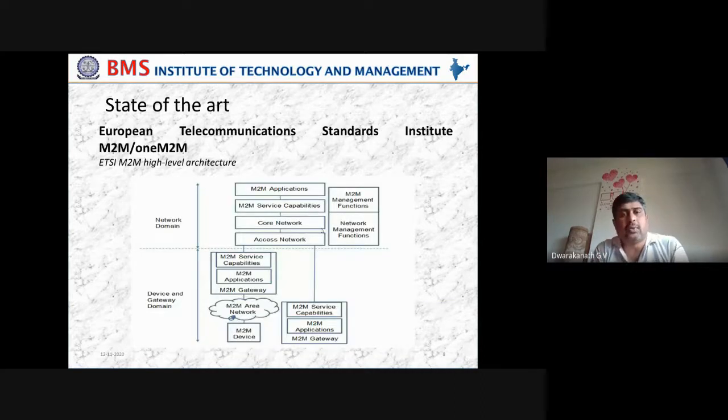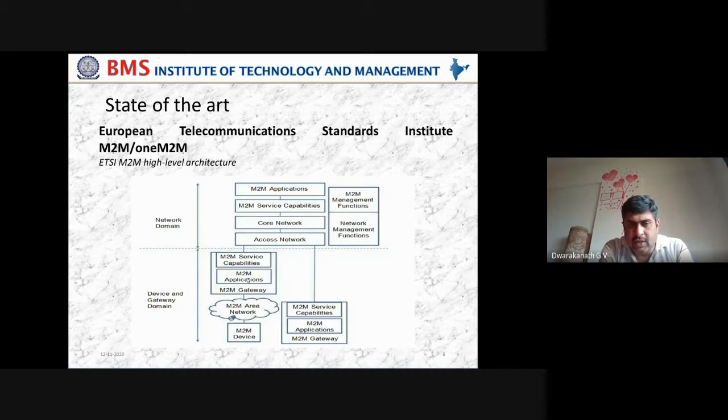Now, the ETSI M2M high level architecture. You can see here the architecture which we discussed in the last unit also. Now again in detail we can discuss here, and you can see how the network domain and the device and gateway domain are differentiated. In the device and gateway domain, we are concentrating on the M2M area network, that is, within a boundary, how device to device connection can be done.